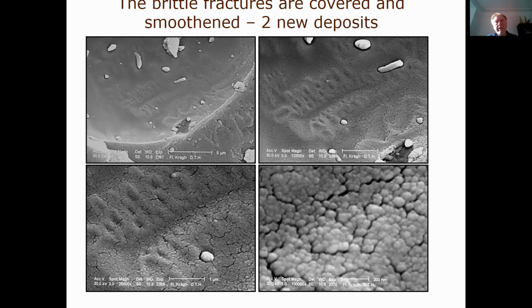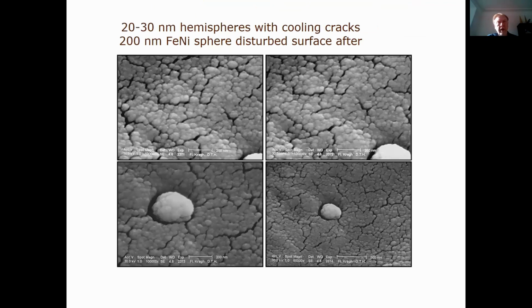But let's go and see further if we can see some cooling structures and how they were deposited. If we take the exposed hemispheres here as the size of the droplets, then it originally consisted of 20 nanometer droplets. And from time to time, there are nice spheres of much larger iron nickel material here, approximately 200 nanometers.